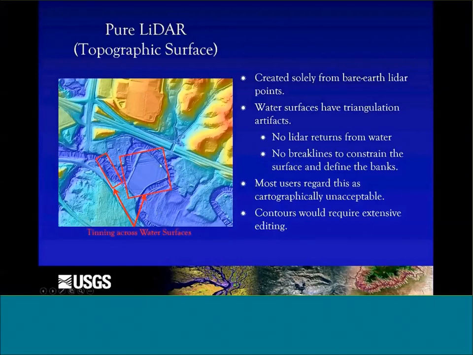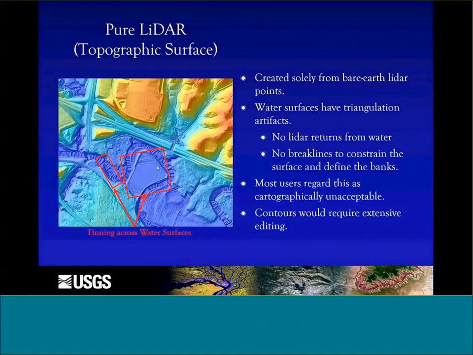But what happens in this process is that the triangulation goes across from one bank to the other, whatever happens to be nearby. And these elevations are not typically the same, again, because the points are in a fairly random pattern.